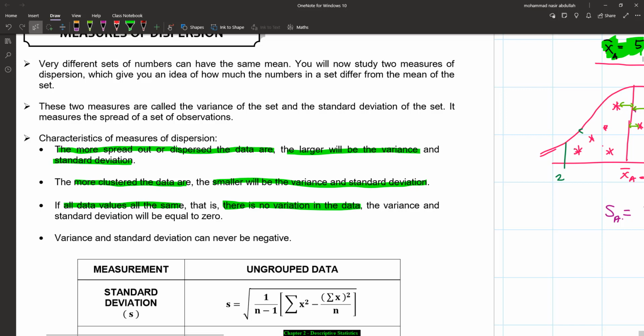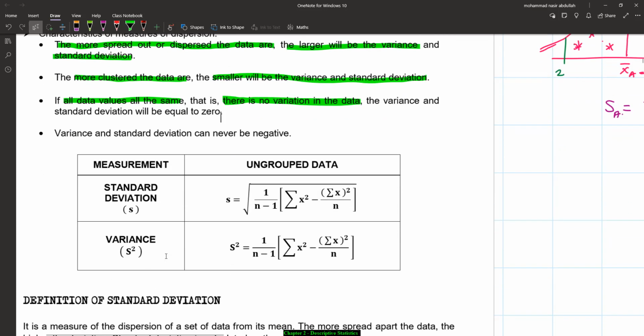Ataupun kalau kita pergi kat sekolah darjah 1, right? Semua umur 7 tahun. We are measuring the age. And of course, everybody in that standard is same age kan? Maksudnya tak ada langsung perbezaan. So, the mean will be 7 and standard deviation will be 0. Maksudnya tak ada variation langsung.